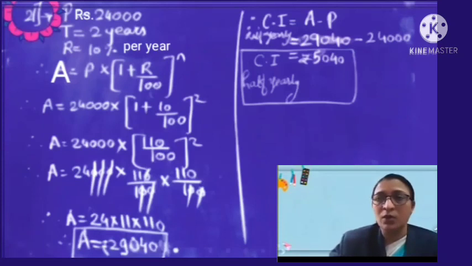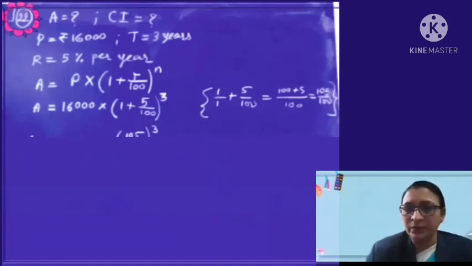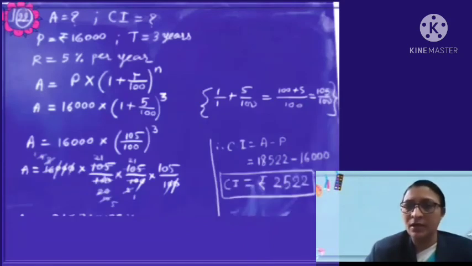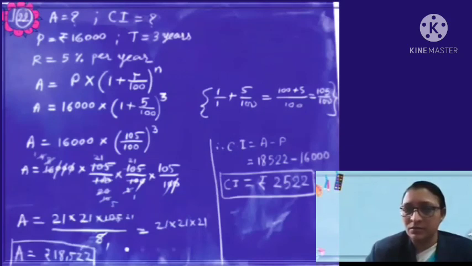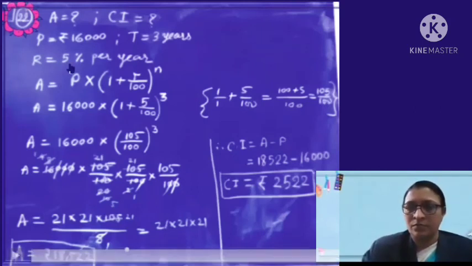Let us turn to one more example. Example number 22. Here we have to calculate amount and compound interest for the rupees 16,000 principal, time 3 years, at the rate of 5% per year. Once again we will use the formula of amount is equal to principal into 1 plus r upon 100 to the power n.